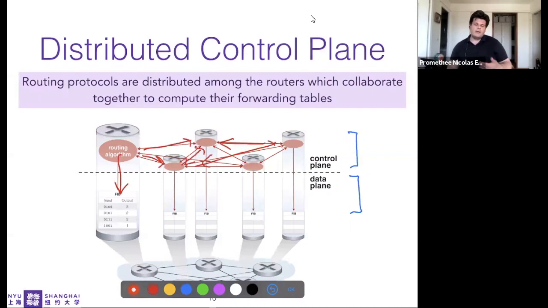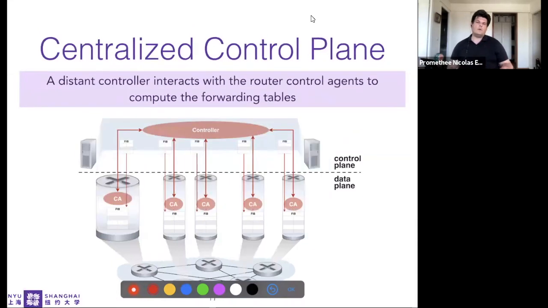If I'm talking about it, it is because nowadays we are introducing new types of architectures, including the centralized one, which means that people start saying, so why should I run the algorithm at each router? Maybe it would be better to define a controller, like a server, for a bunch of routers in my routing domain. This guy is going to be in charge of doing all the computation, all the dirty stuff, which uses a lot of CPU.